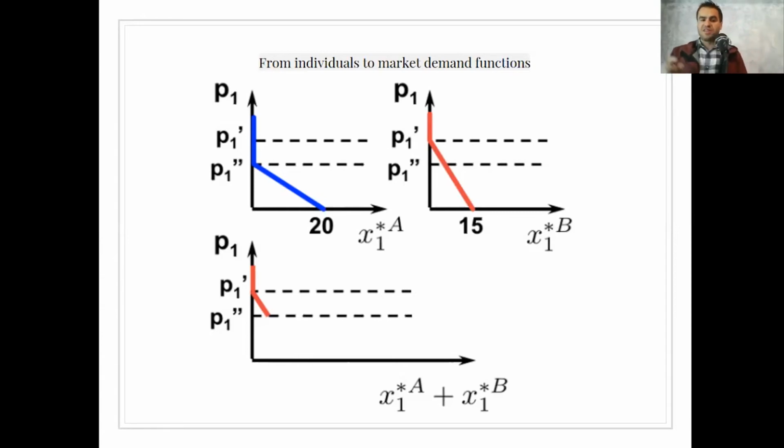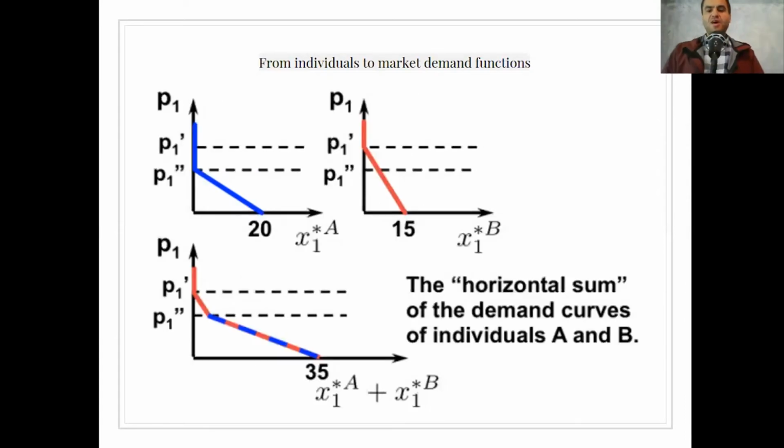So in this price segment, from P1 prime to P1 double prime, the aggregated demand curve of the market is literally just the demand curve of the person with the highest willingness to pay. That's why the aggregated demand in this 2-person market is just the demand curve of person B.